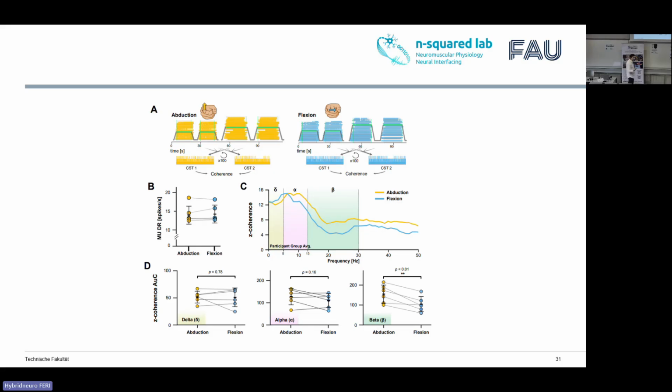So it means that the signal that the cortical or afferent pathways are transmitting is actually determined by different synaptic inputs. And so these two tasks are different.